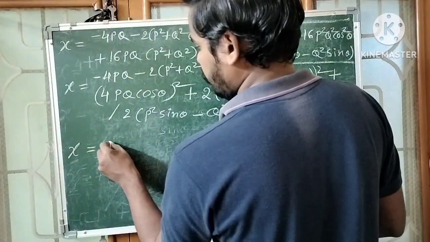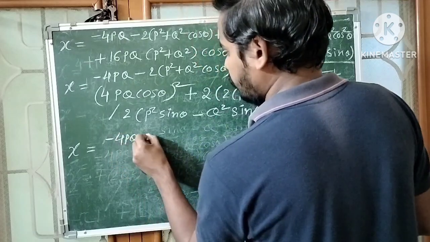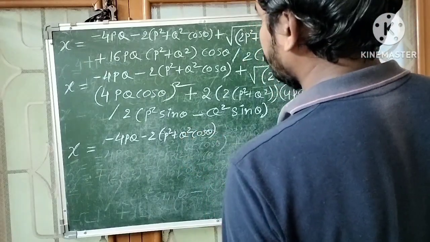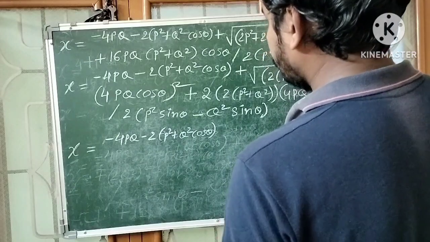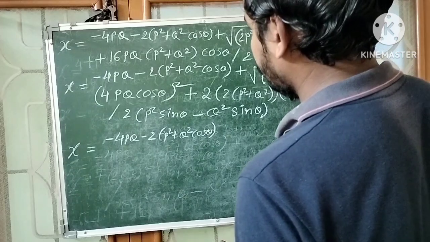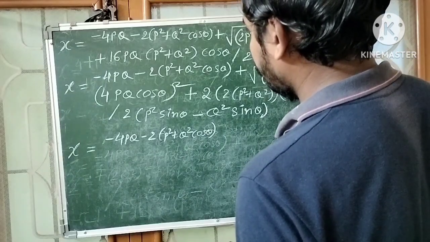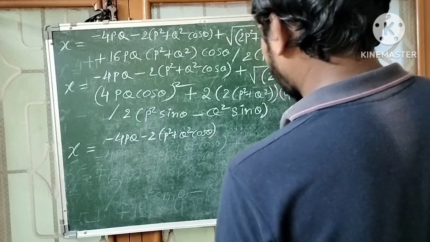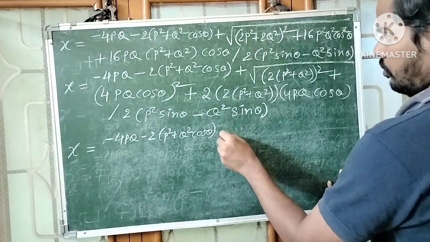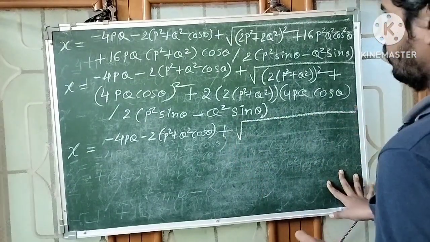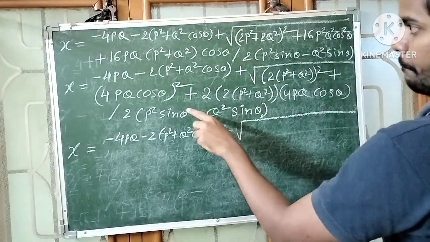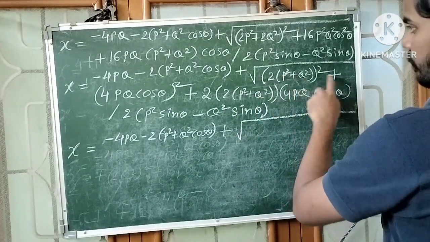Now x is equal to minus 4pq minus 2 into p square plus q square cos theta plus root over, here 2 into a square plus b square plus 2ab.